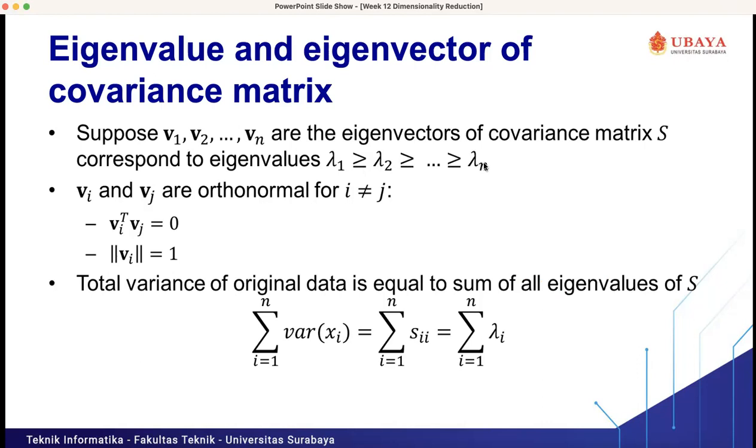So we need to sort the eigenvalues in descending order. So lambda 1 will be greater than or equal to lambda 2, and lambda 2 is greater than or equal to lambda 3, and so on.